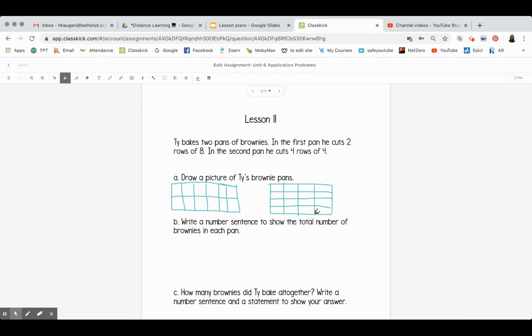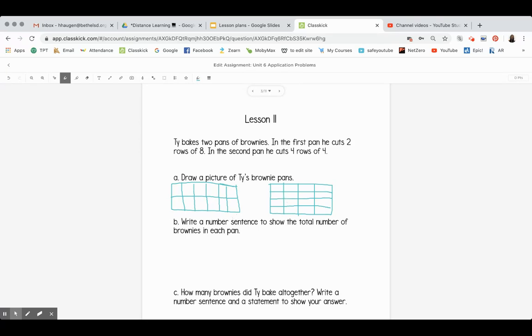And that very nicely gives me 1, 2, 3, 4 brownies in each row. Okay, so there's the first part. I drew a picture of each of Ty's brownie pans. The first pan had 2 rows of 8. The second pan had 4 rows of 4.